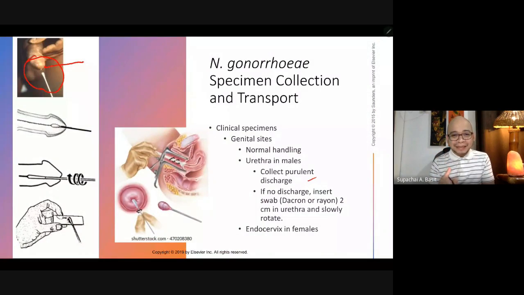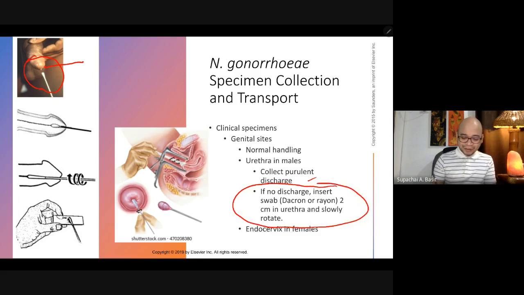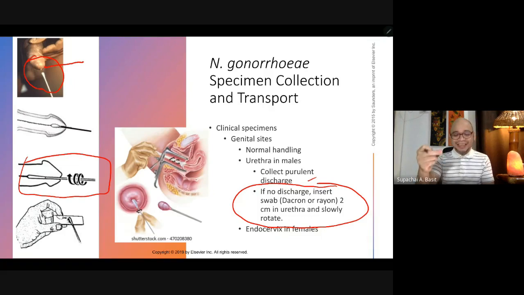This is where the pain happens. If there's no discharge, you insert the swab, and slowly rotate it. The swab will be inserted at the meatus of the penis, and then we rotate it.